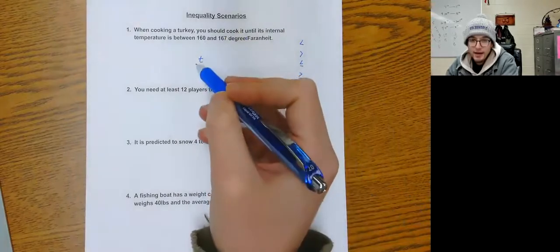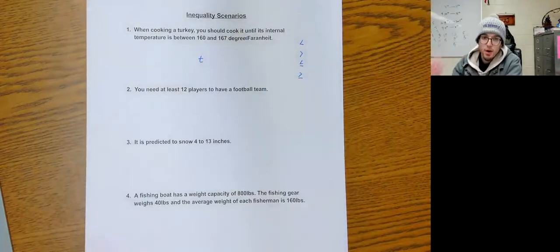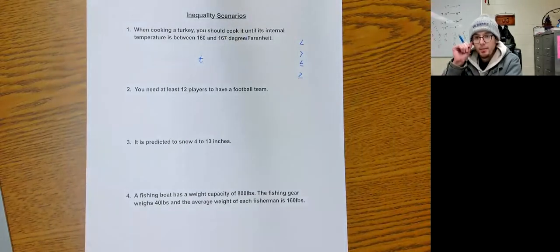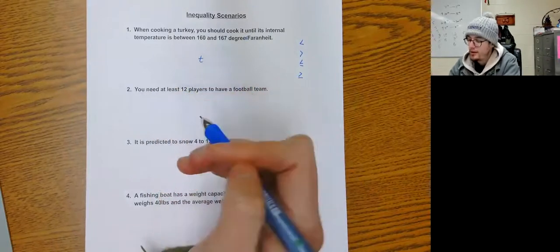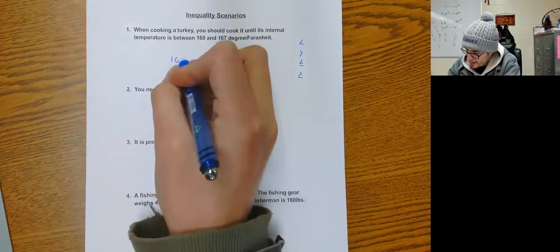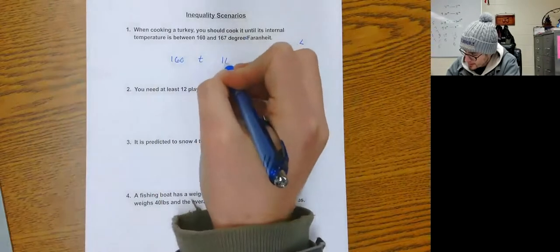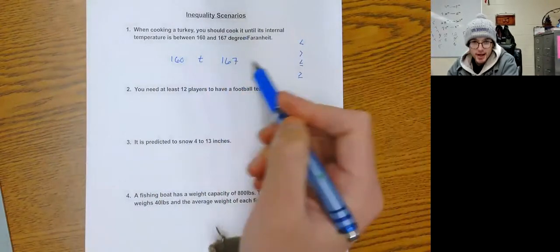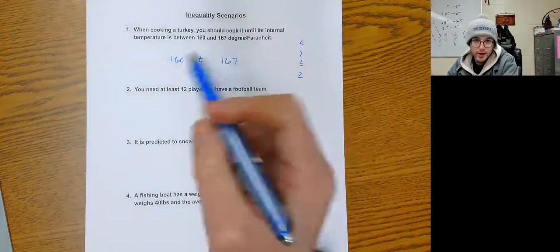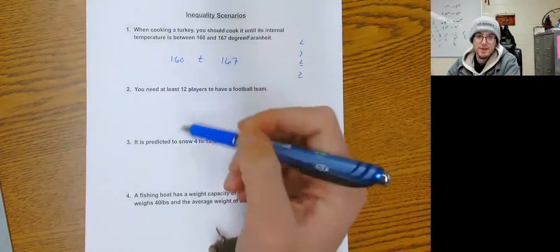So the more negative, or some students view it as the smaller, less positive number, on a number line, because that's what inequalities work with, 160 is to the left on a number line. So we're going to put 160 on the left side. I'm going to put 167 on the right side. The advantage to this is the arrows, your inequality symbols, point towards the left always if you set it up like this.